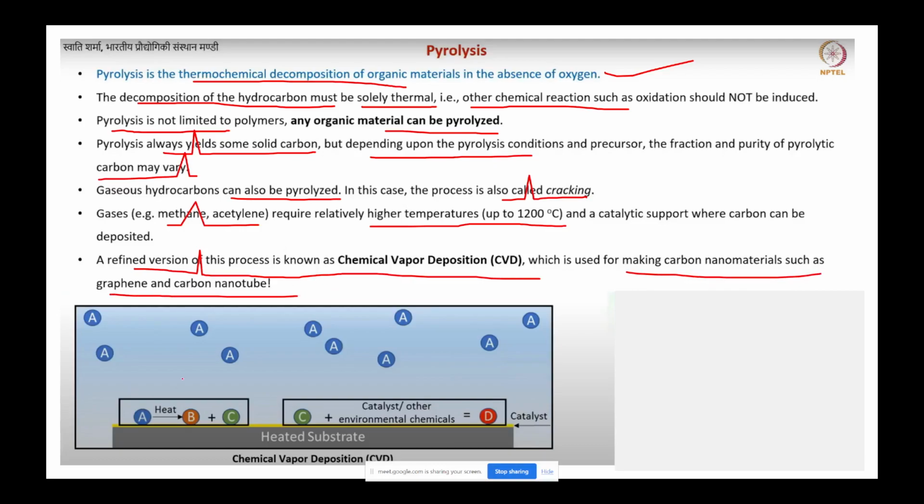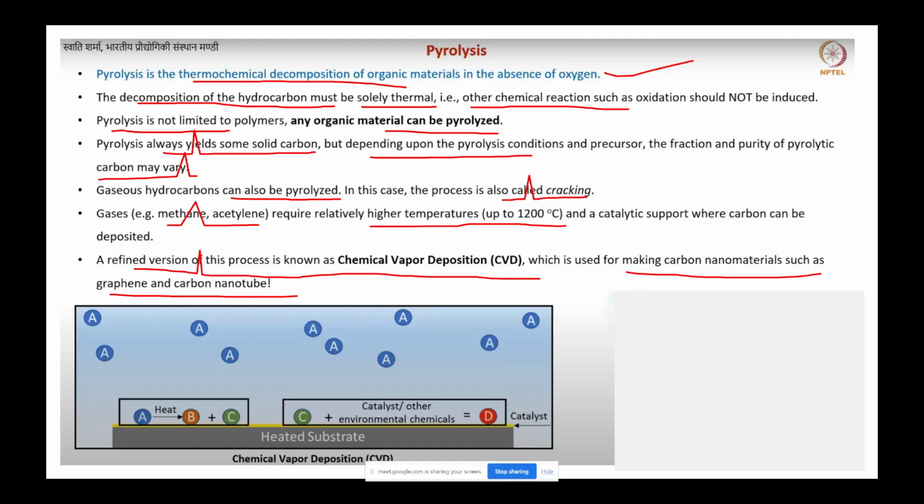So what is happening here? Suppose this is a CVD. You have to know how this CVD happens. For more details, you can watch any lectures, or here also in the lectures you can see it thoroughly, but here I will give you a very brief idea.